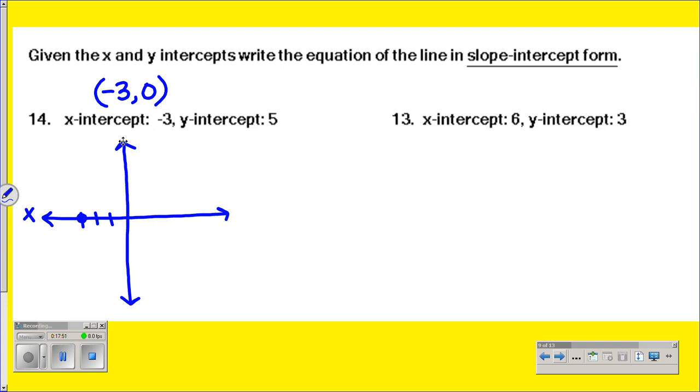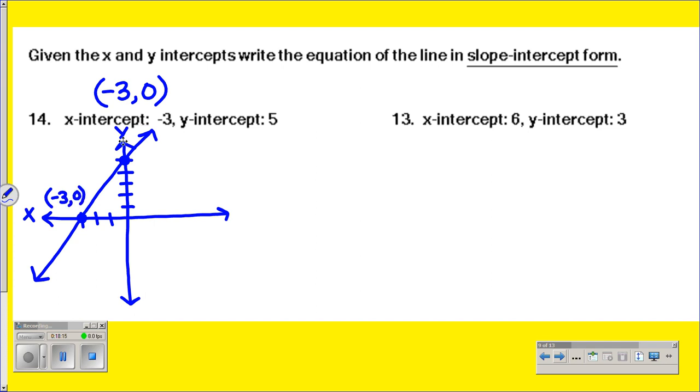Now let's look at the y-intercept. The line crosses the y-axis at +5. So 1, 2, 3, 4, 5. So here's our y-intercept. Now I can actually sketch the line. So here's our line. This ordered pair is at -3, 0.